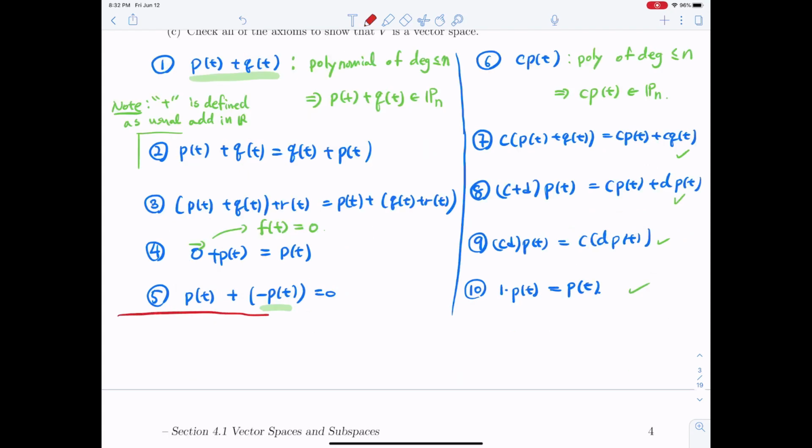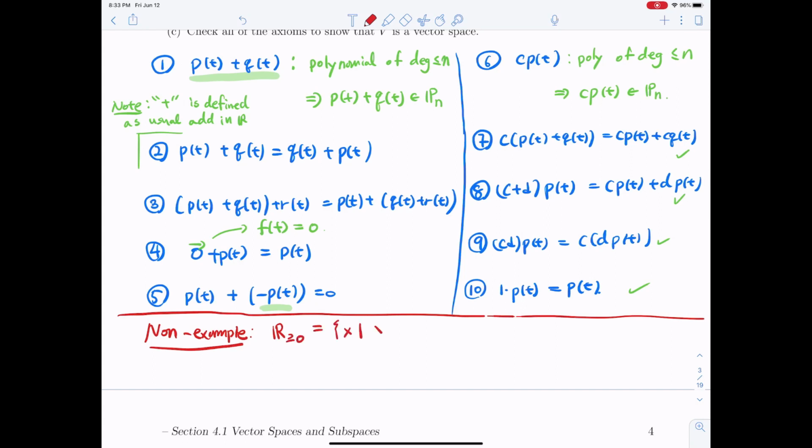Let me give you one non-example for the vector space. Suppose that R sub greater than or equal to 0 is the set of real numbers x such that x is non-negative. This corresponds to the half real line that consists of positive numbers. And this set is not a vector space. Can you tell the reason why?